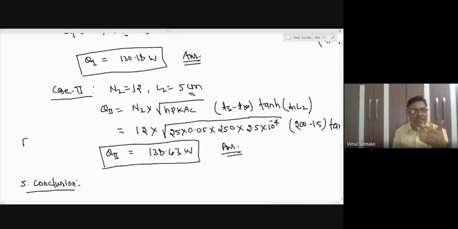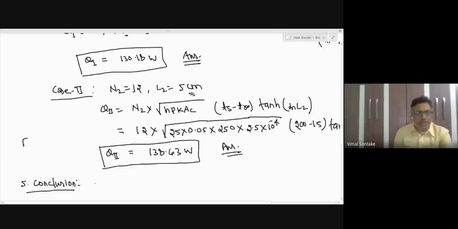So in the second case, though we have reduced the length of the fins, we have increased their number. What conclusion can I draw from here? Increasing the length of the fin does not increase the heat transfer rate, basically. Isn't it? Short fins will be more effective if their number is more.